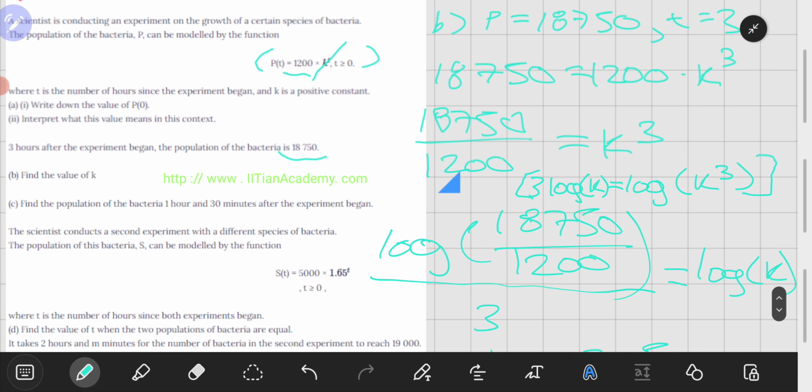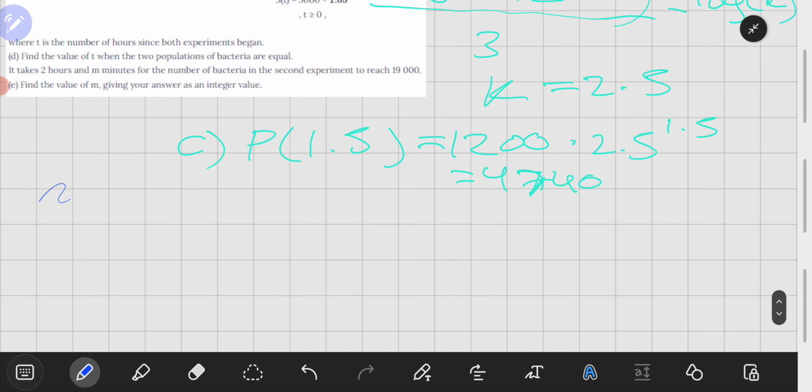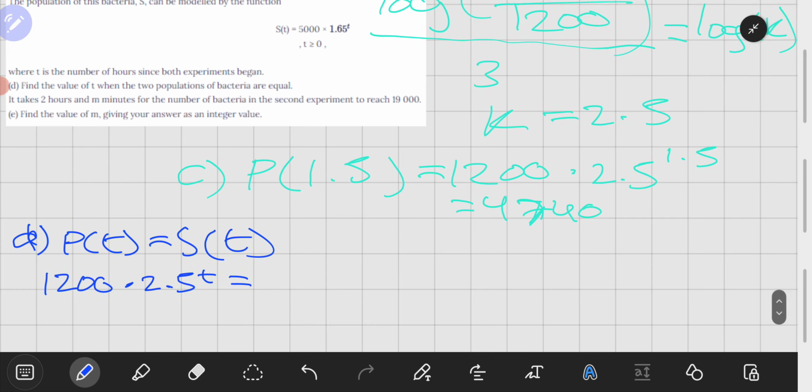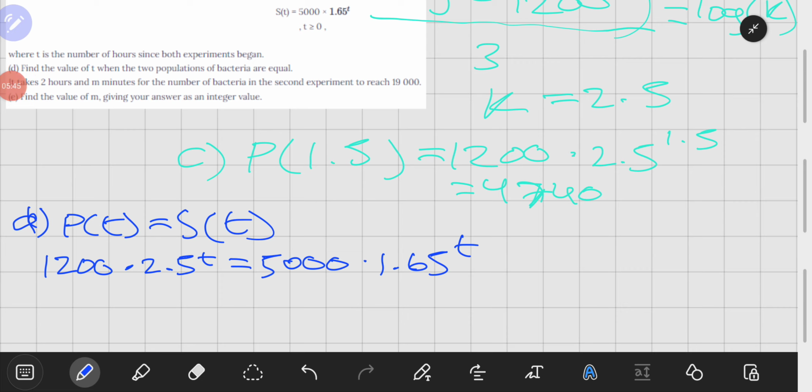So our first equation, we know K is equal to 2.5 now. So for D, we're equating P at T and S at T, and we're solving for T, where P at T is equal to 1200 times 2.5 to the power of T, and S is equal to 5000 times 1.65 to the power of T. Okay, so to solve for this, we will be using logs again.